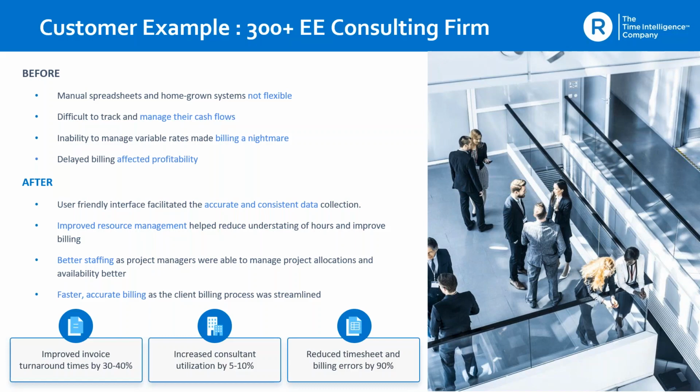They had improved resource management that helped reduce the underreporting of hours and improve billing. They had better staffing as the project managers were now able to manage project allocations and availability in a much better way. All in all, they had accurate billing as their client billing process was quite streamlined.